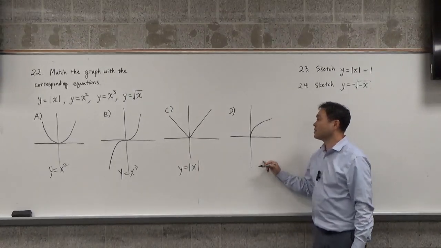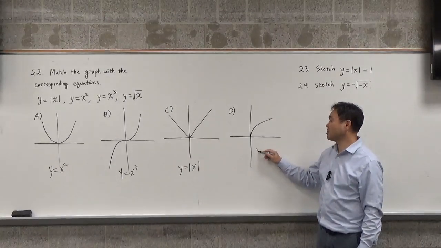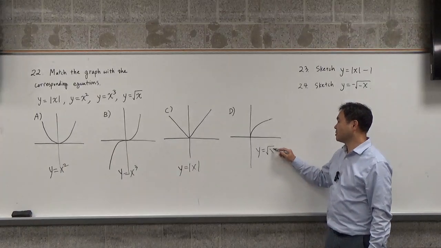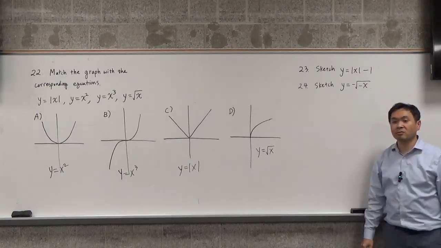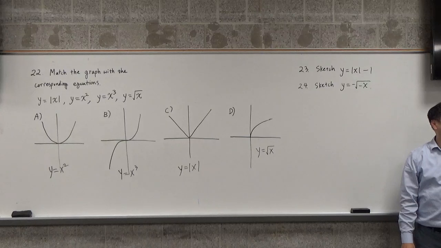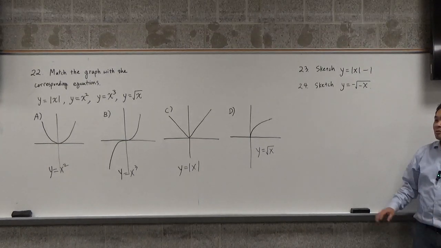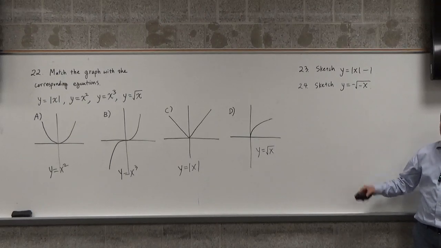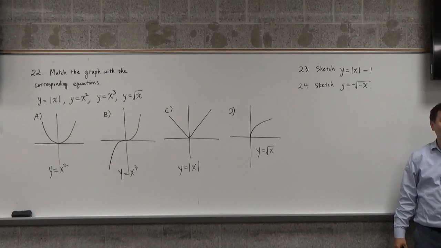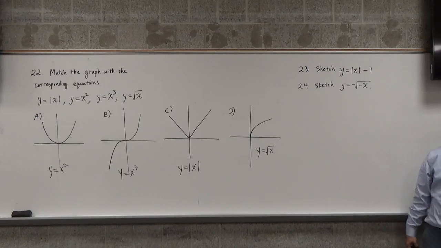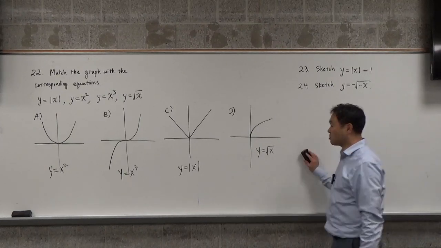Okay. And this one? Y equals square root of x. Okay. So these are graphs that you must memorize. Of course, if you forgot it, then you can plug in values to see what the graph will look like, but it's definitely something that you have to memorize. You have to memorize the graphs.